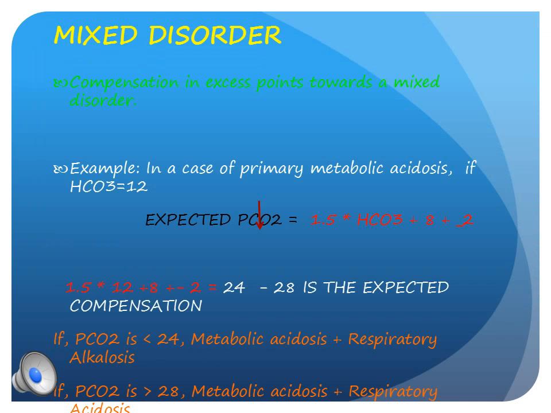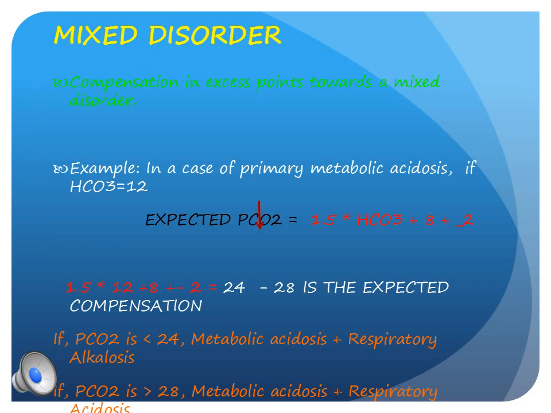So using the previous formula for the expected PCO2, that is 1.5 times HCO3 plus 8 plus or minus 2, when you multiply 1.5 into 12 plus 8 plus or minus 2, we get a value between 24 to 28.